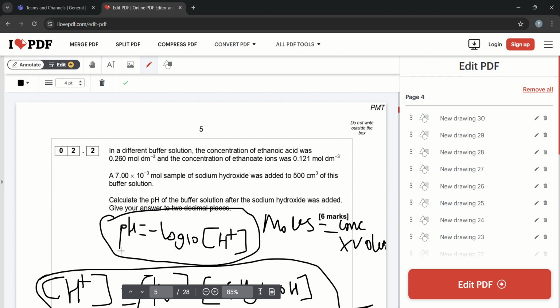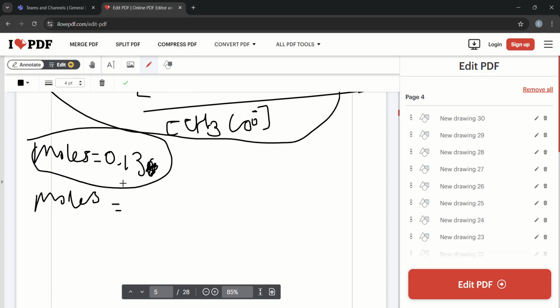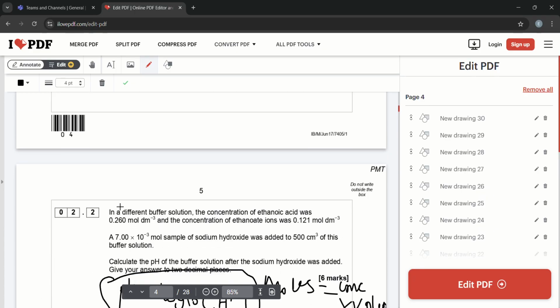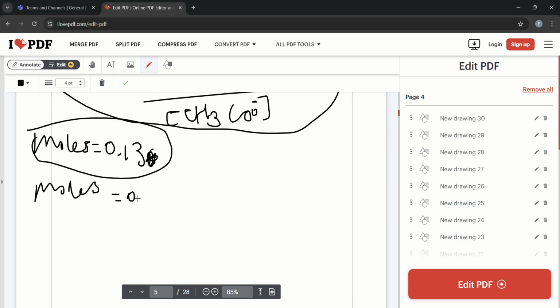Now we need to work out the moles of sodium ethanoate, and we get 0.0605.